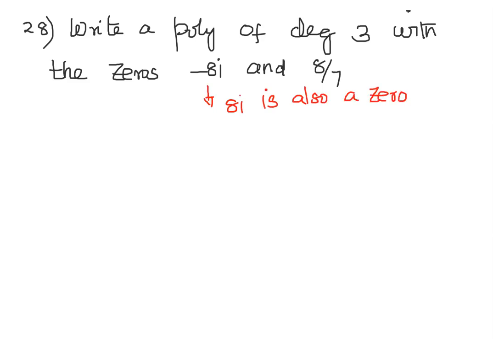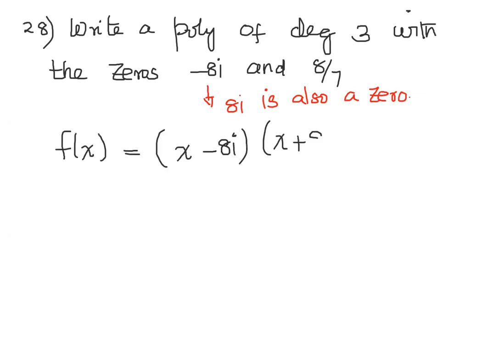Okay, so how do I write f of x? F of x is going to be, I have to write x minus 8i, x plus 8i, and for this one, I can say 8x minus 7 is a factor.